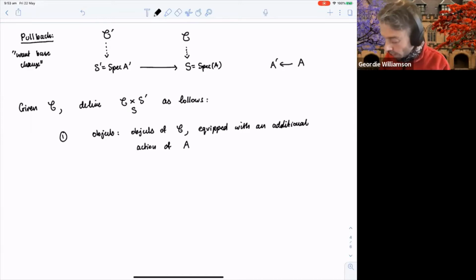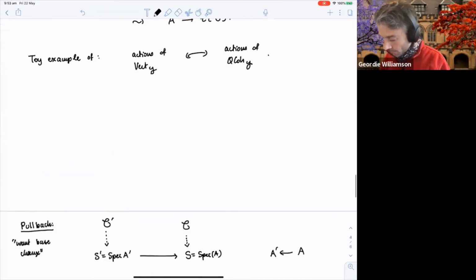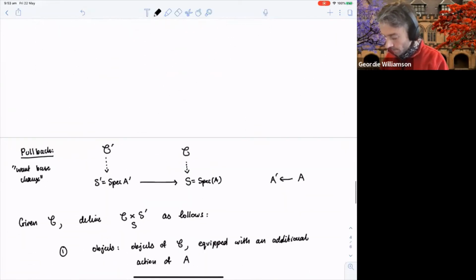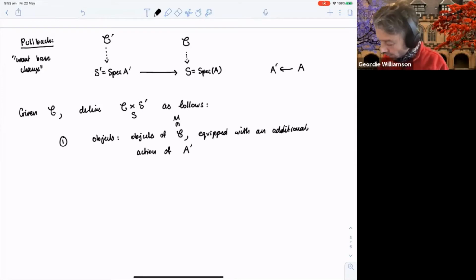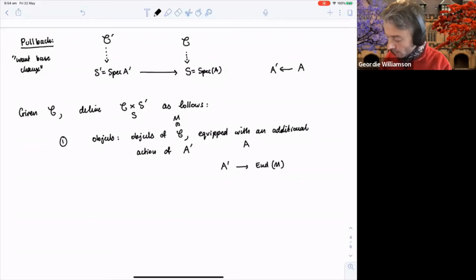So if we take an object M, I was calling it C before, apologies, M. An additional action of A prime. So we have a map from A prime to end of M. And now M is an object of C, and so it has an A action. But we also have the map here, and this should commute.